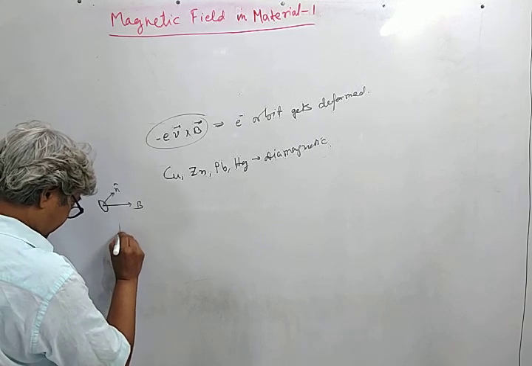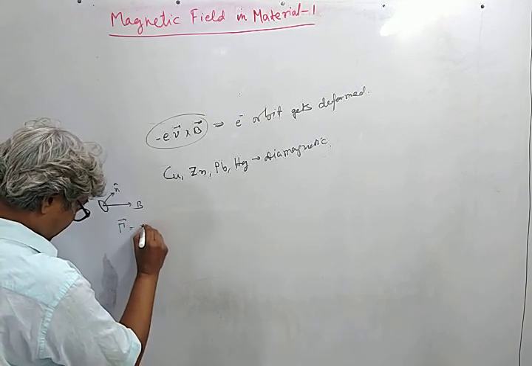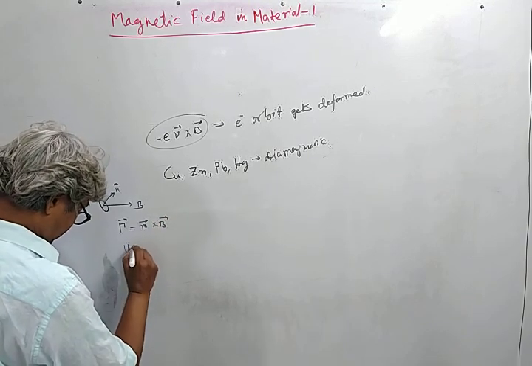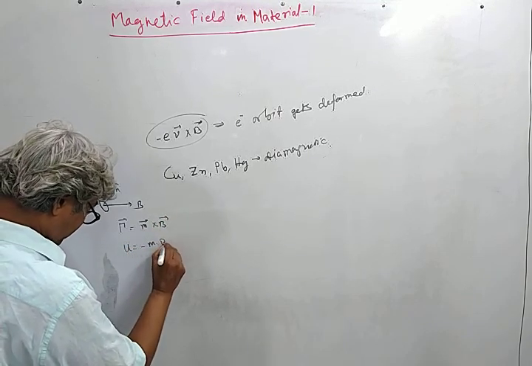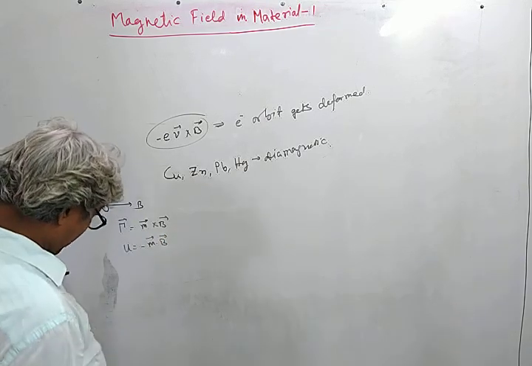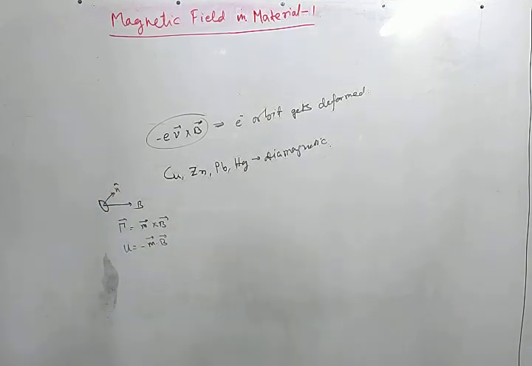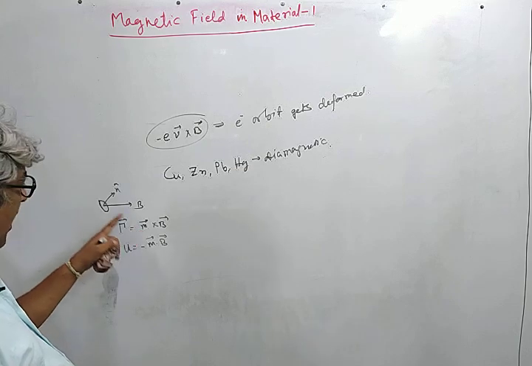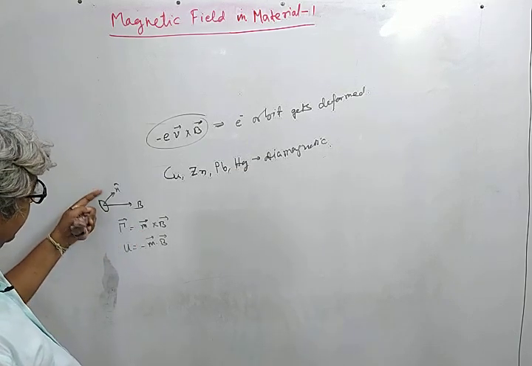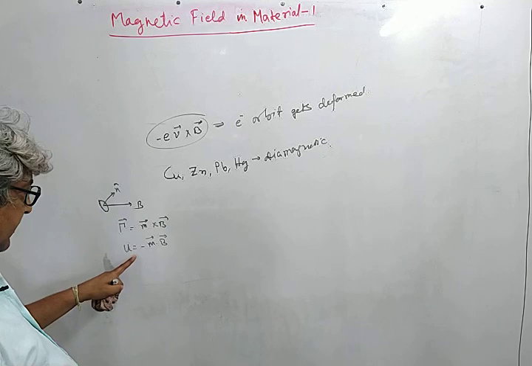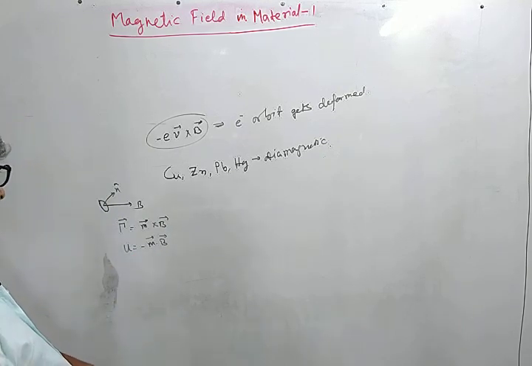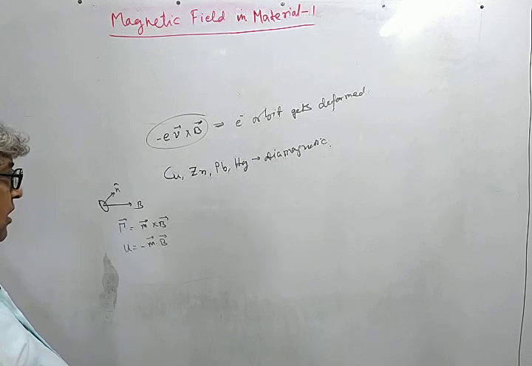This dipole experiences a torque, given by m cross B, and the corresponding potential energy is minus m dot B. Here we assume the field to be uniform. So under the action of this torque, the dipole will try to align itself in the direction of the field, so as to make the potential energy a minimum. But this effect will be opposed by the thermal agitation.